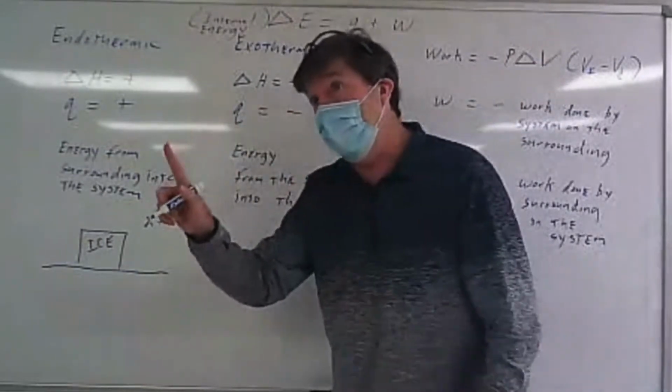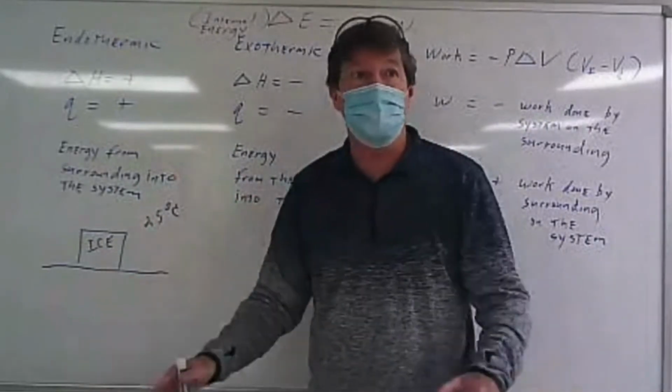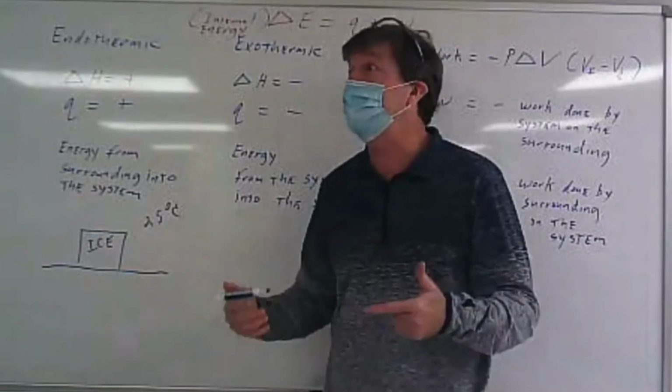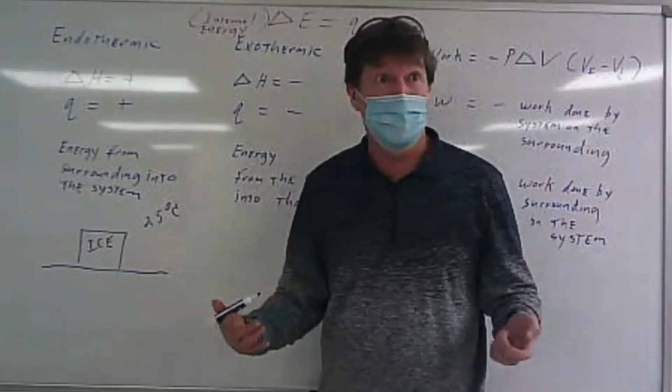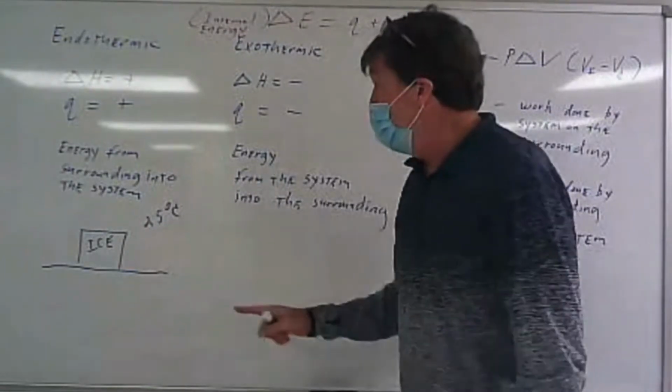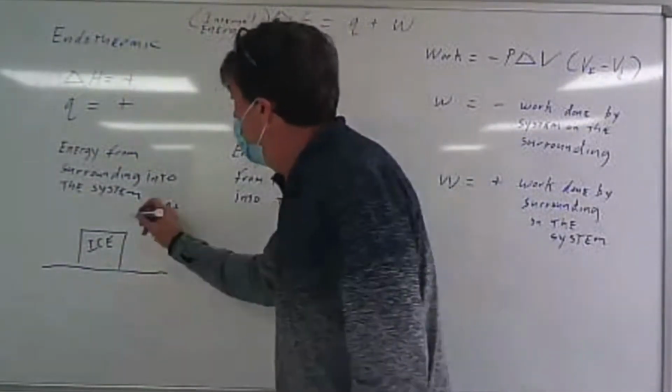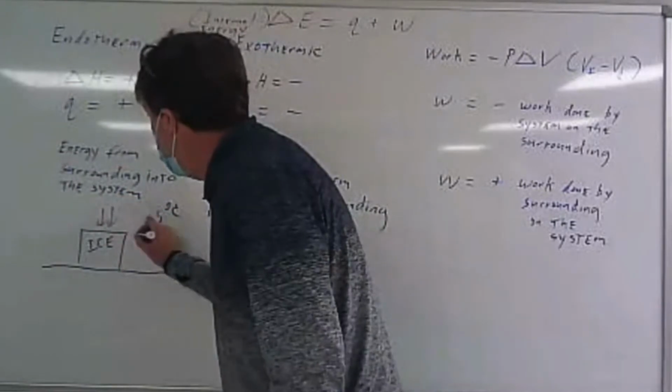And by the way, heat and temperature are not the same. They're related to each other, but they are not identical quantities, as you'll see today. But notice high temperature, much lower temperature here. Notice the direction of heat flow.